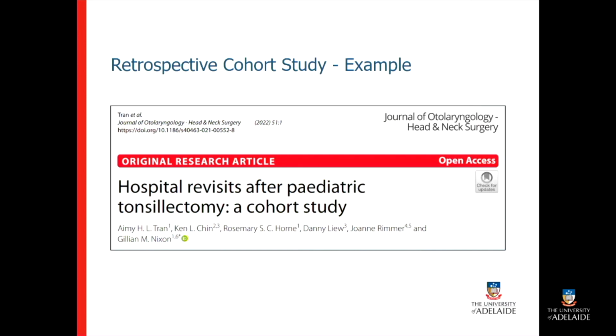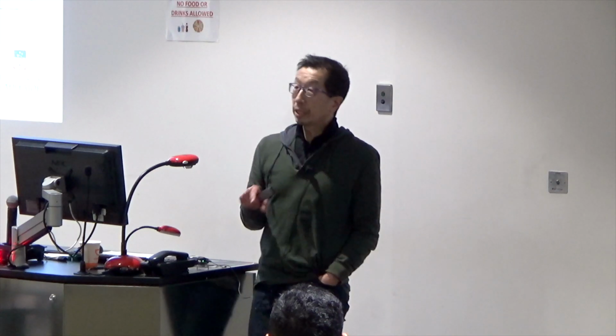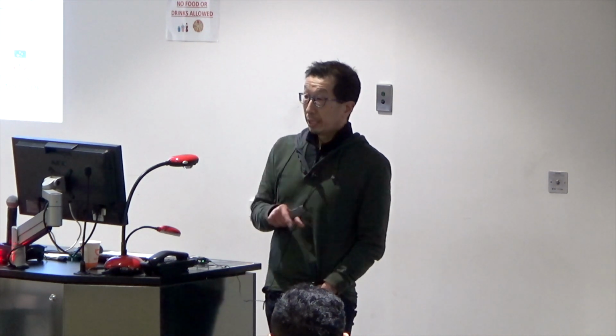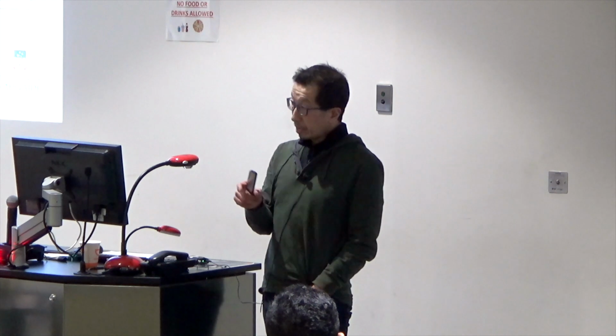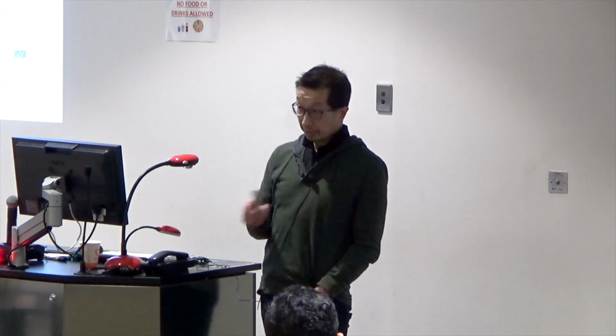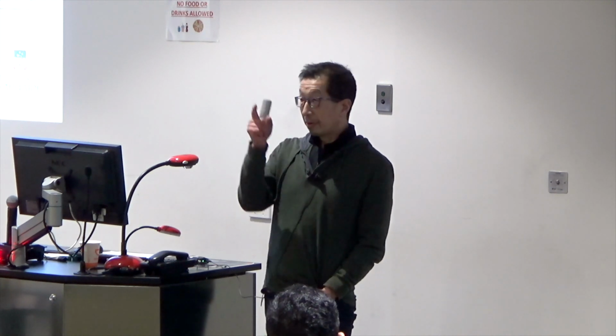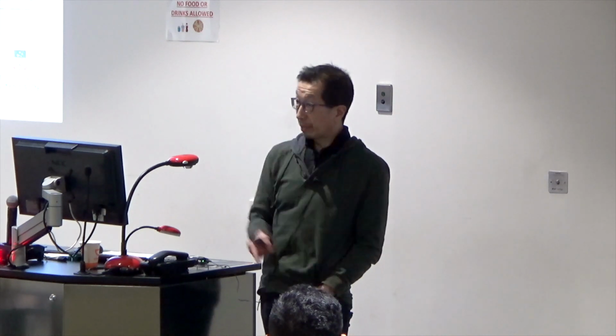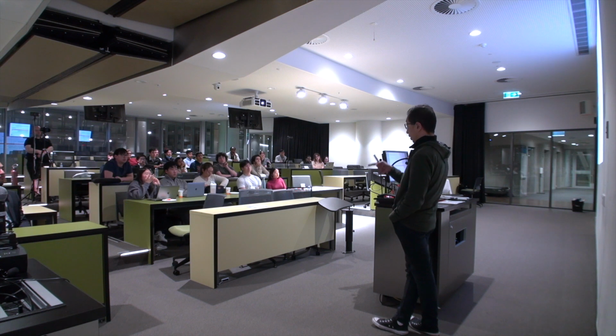So here's an example. Amy was in 5th year, now at Monash, or back then she was at Monash. She did her honours and then did a PhD. She took all the cases for tonsillectomy in Victoria, in admin data, 2 million sort of records, and analysed these kids, they're all kids, as they followed up after their principal or index tonsillectomy, and then followed them up for readmissions afterwards.